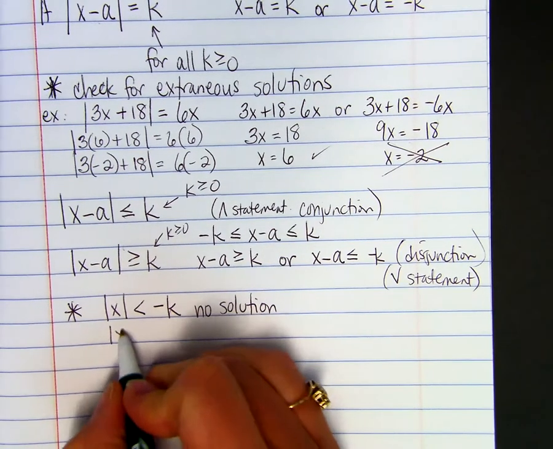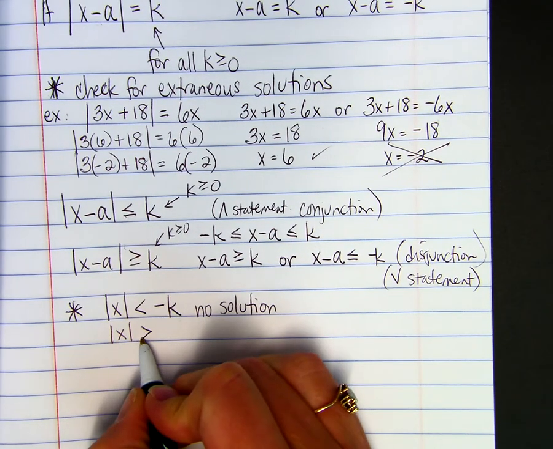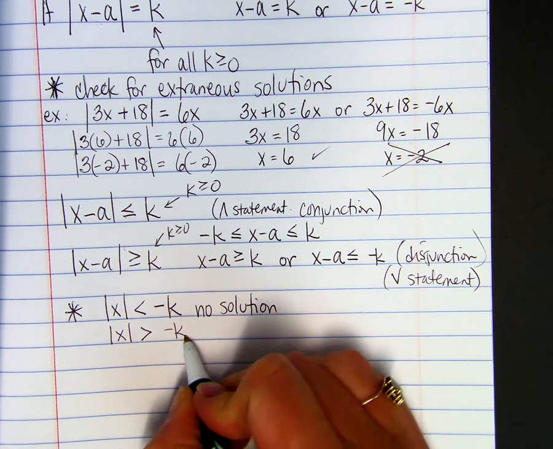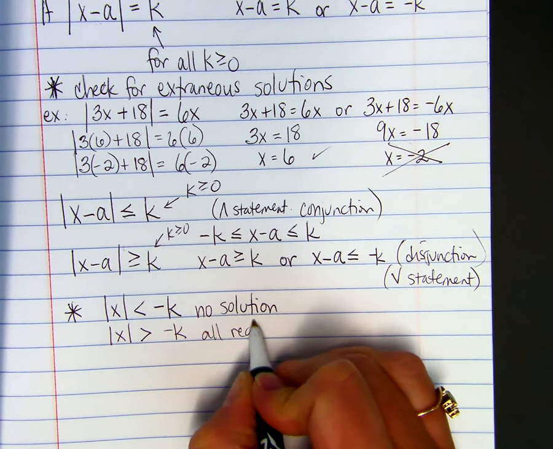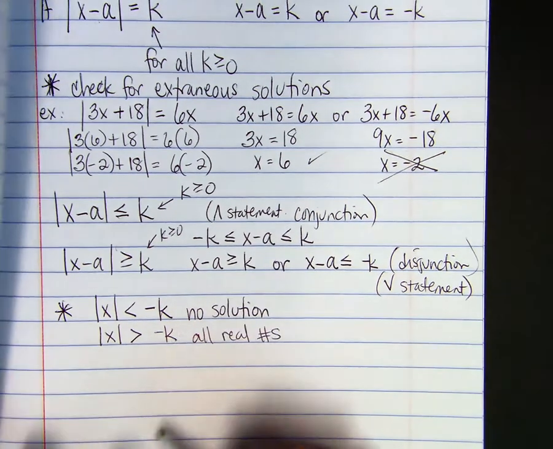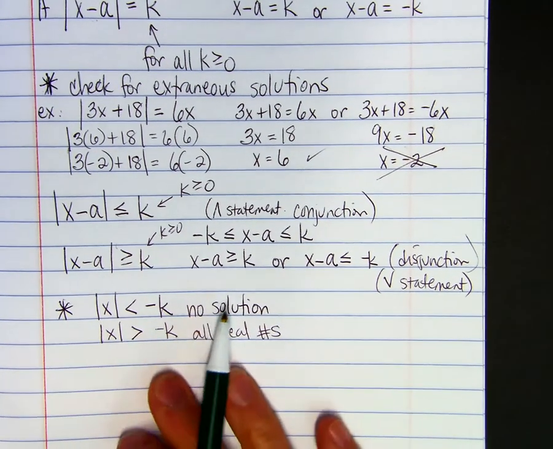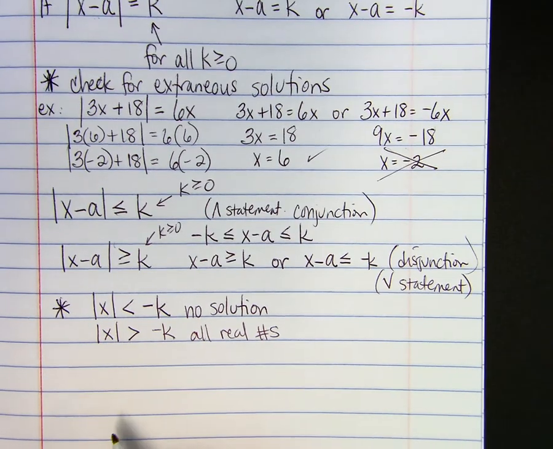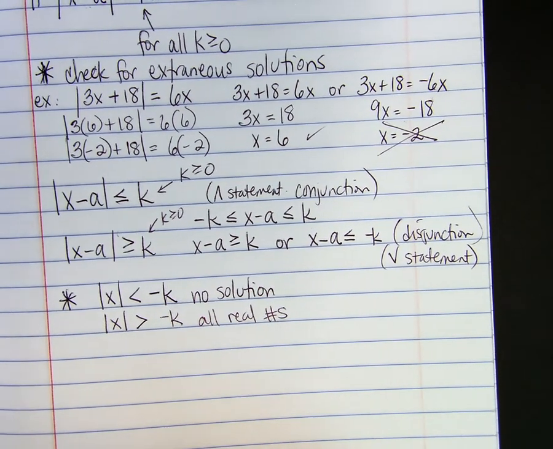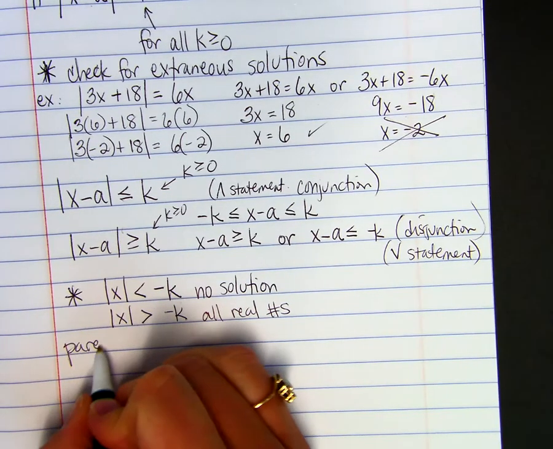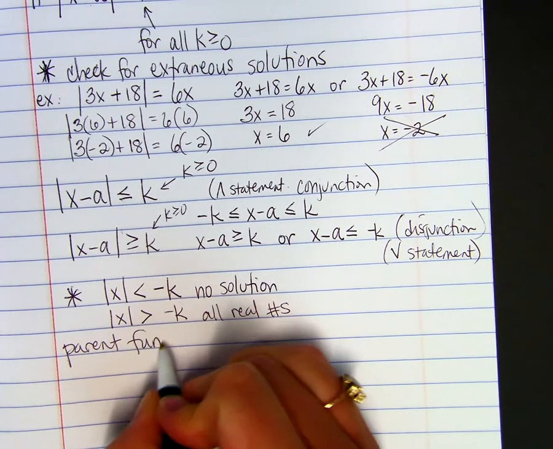Now, if you have the absolute value is greater than a negative number, then the answer is all real numbers, because absolute value is always greater than a negative number. Oh yeah, I was just thinking of if it was like negative 2 or negative 1.